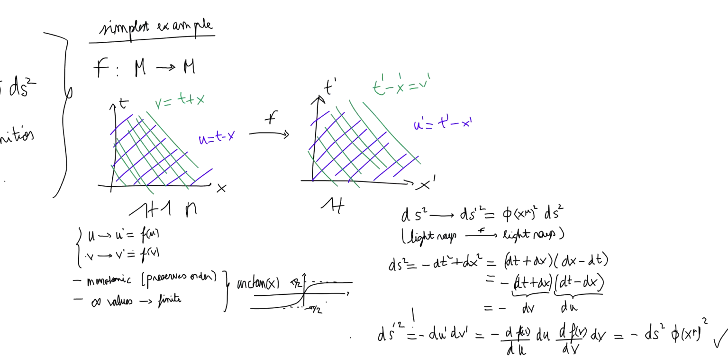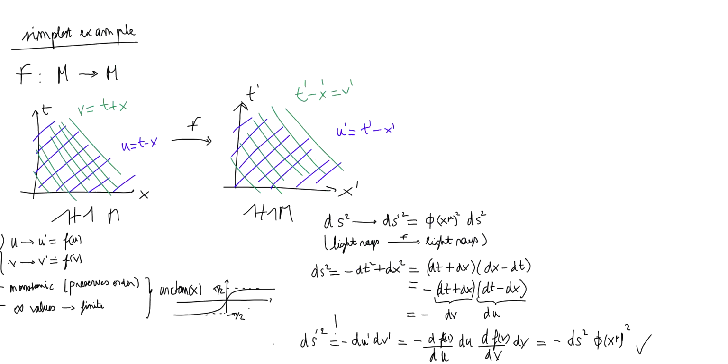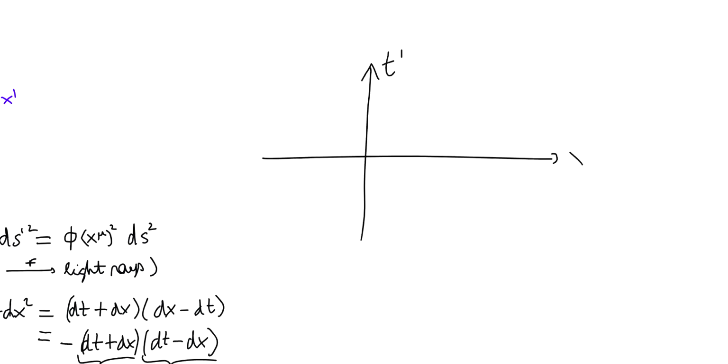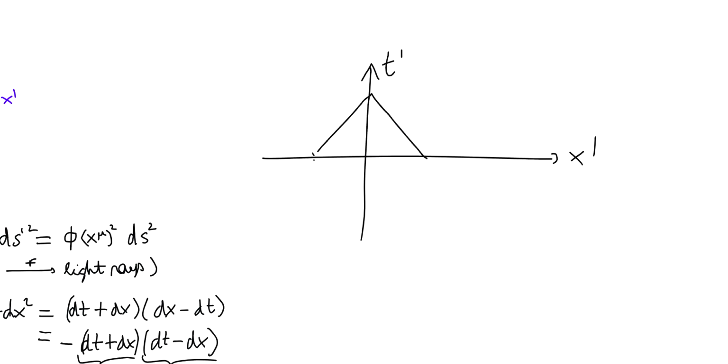So our target space, the result of the mapping, will look as T prime, X prime, as a diamond shape, like that.